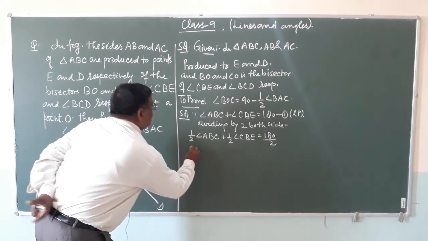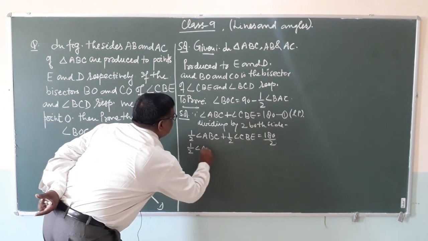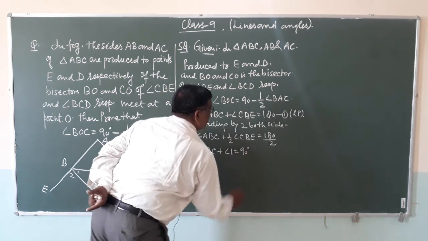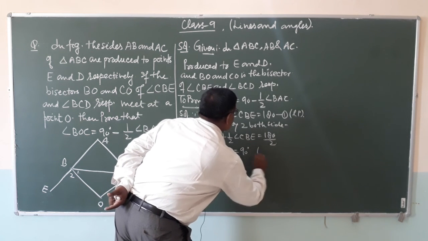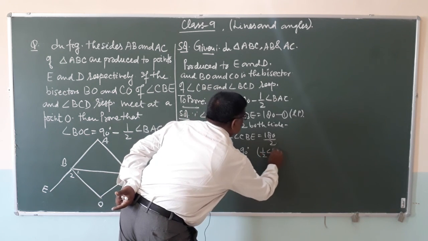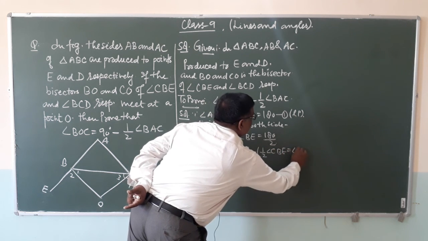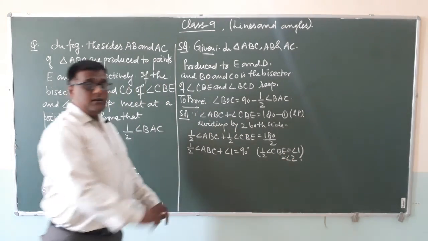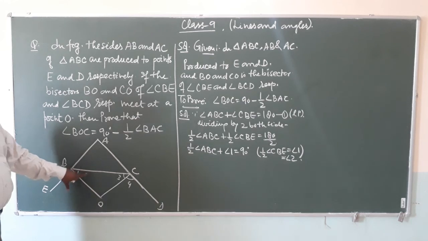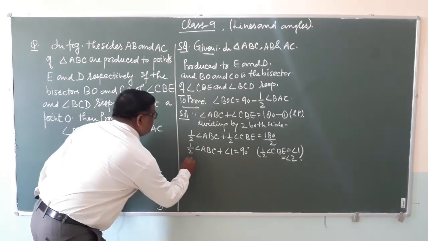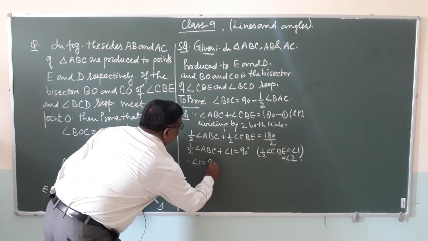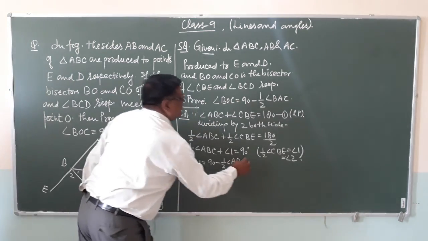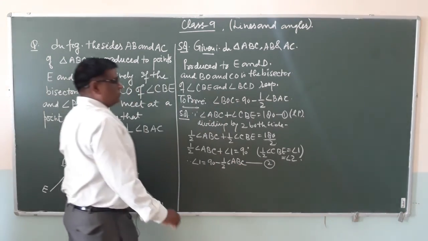Therefore 1 by 2 angle ABC plus angle 1 is equal to 90 degrees. Angle 1 is also equal to angle 2, both are equal, so we write only angle 1. Therefore angle 1 is equal to 90 degrees minus 1 by 2 angle ABC. Take this as equation 2.